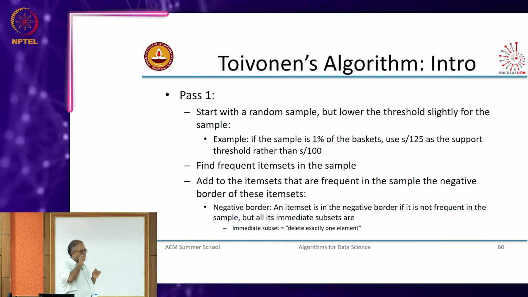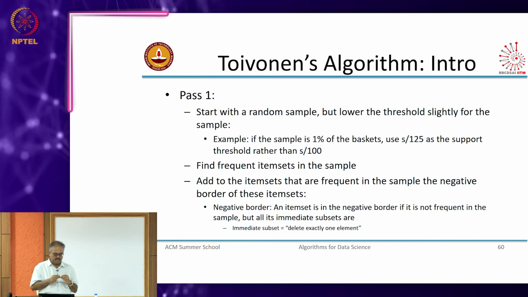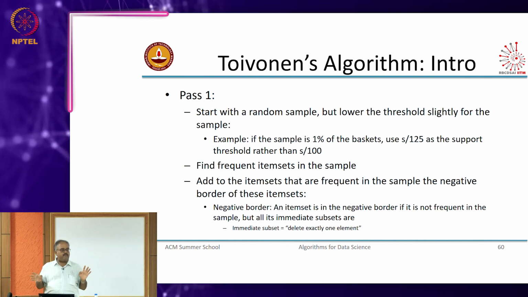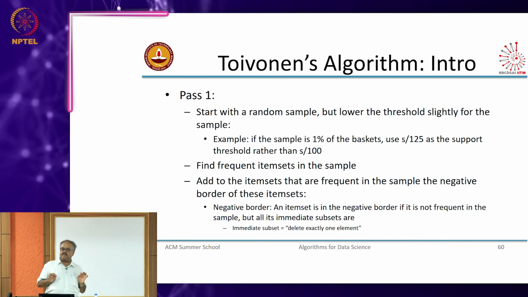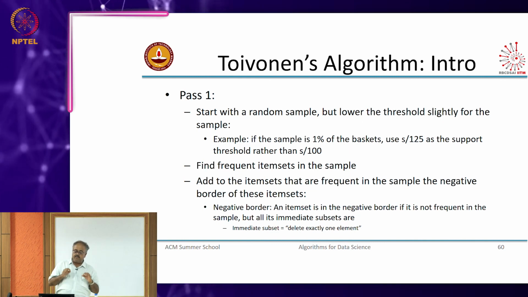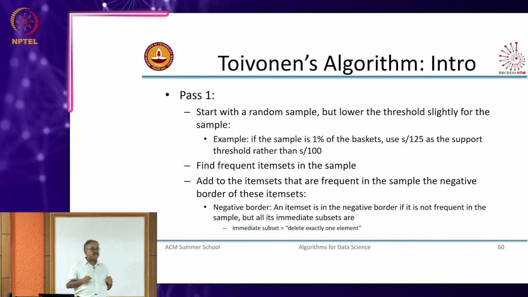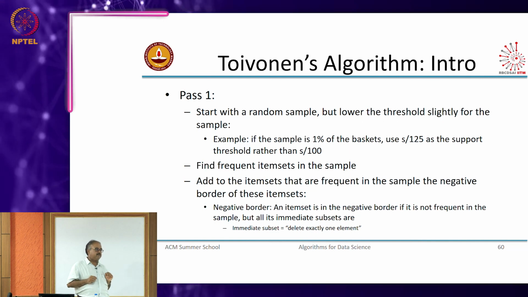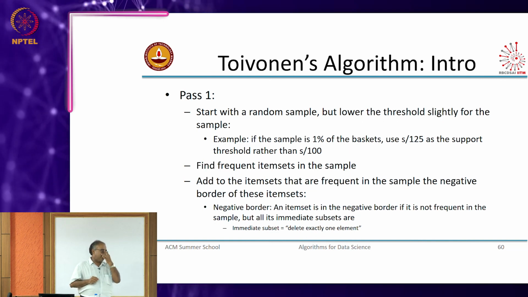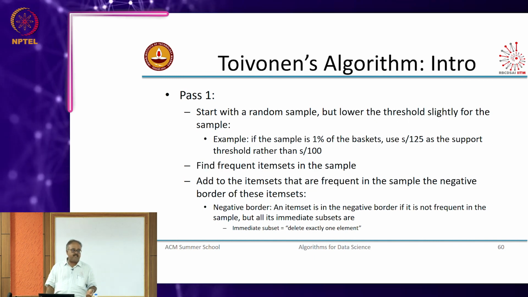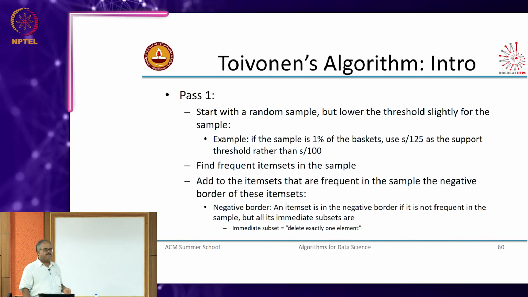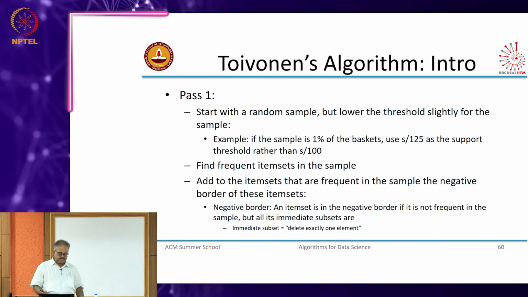The negative border of these item sets are sets such that the set itself is not frequent in the sample, but every one of its immediate subsets is frequent in the sample. I don't have to qualify it by saying immediate subset, but every one of its subsets is fine.